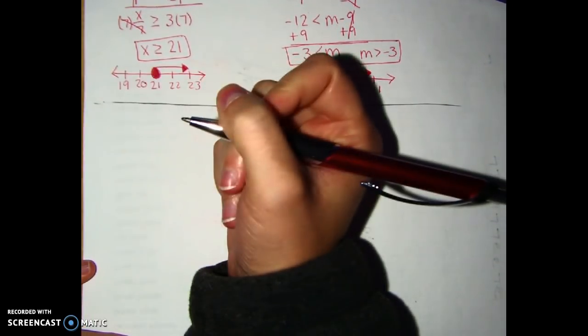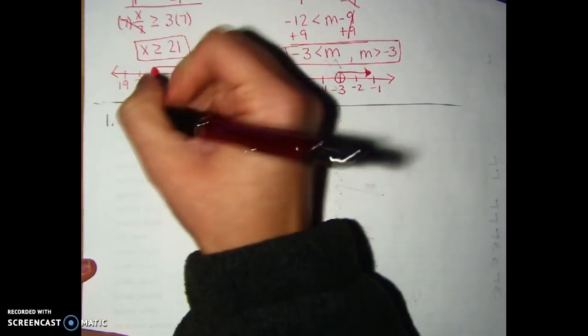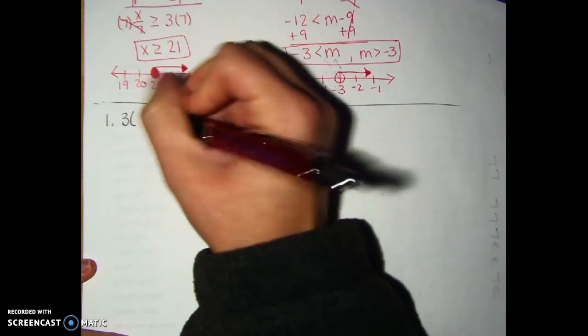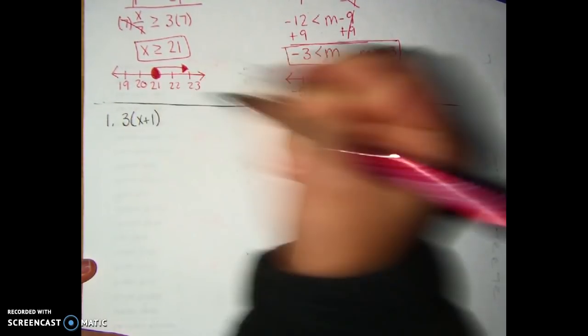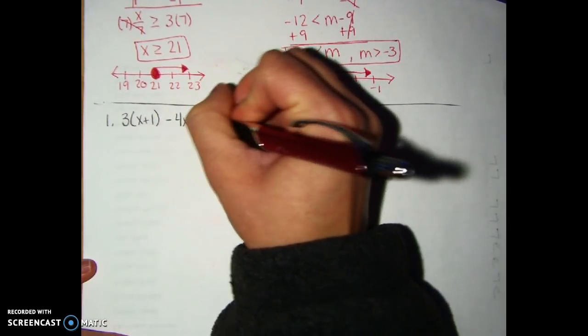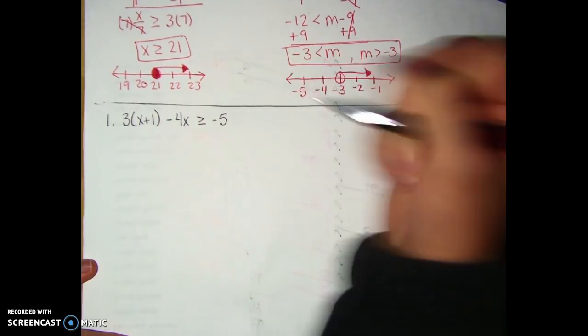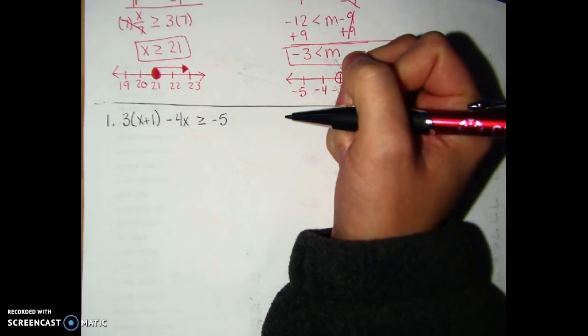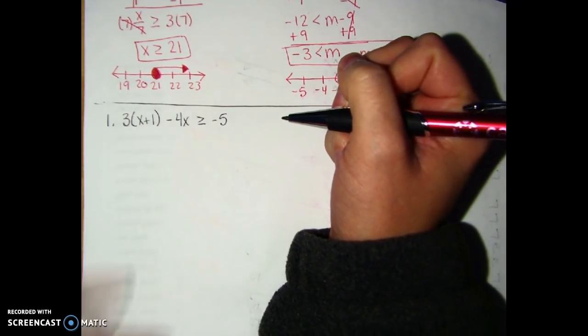Let's see, this one's going to be 3 times x plus 1 minus 4x is greater than or equal to -5. You've done equations just like this, so you know what to do first. You should distribute first.